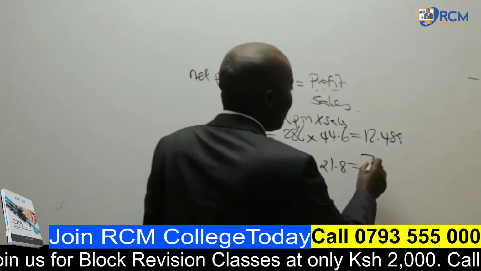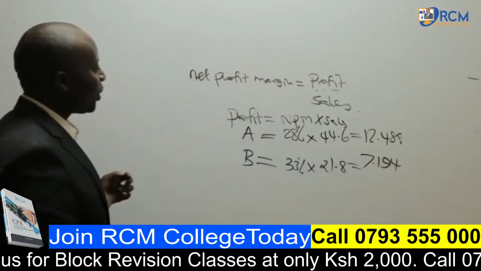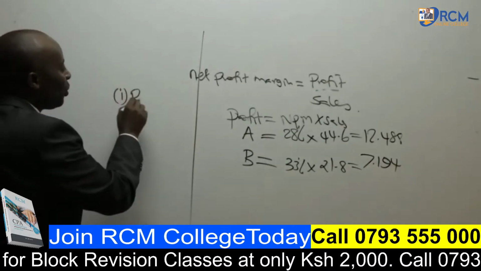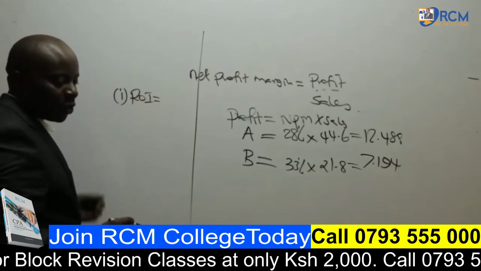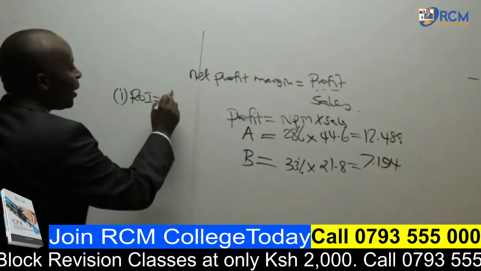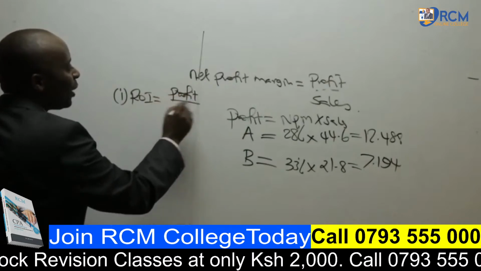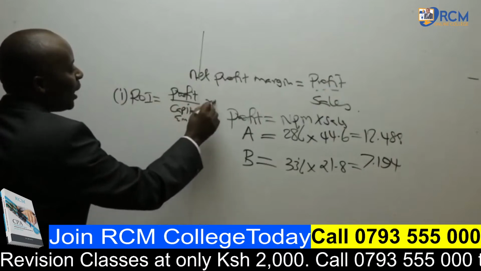7.194. Now, once you give me these profits, as a performance measure, number one, they want me to give them what we call return on investment or ROCE. To get return on investment, this is quite a simple thing. You take the profit divided by capital employed, times 100.